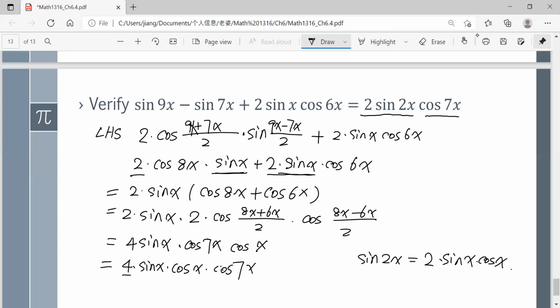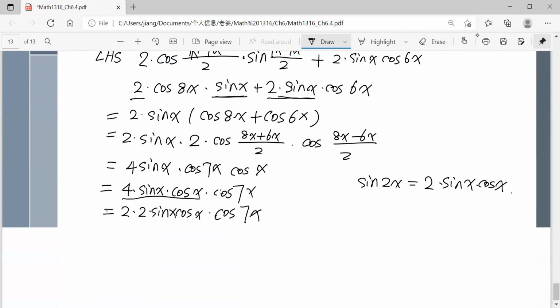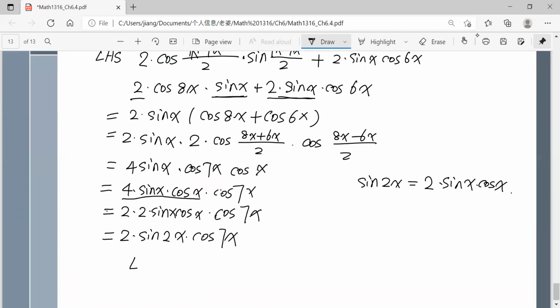That means this term equals 2 times 2 sine x cosine x times cosine 7x, so this equals 2 times sine 2x times cosine 7x. The left-hand side equals the right-hand side. We proved this identity.